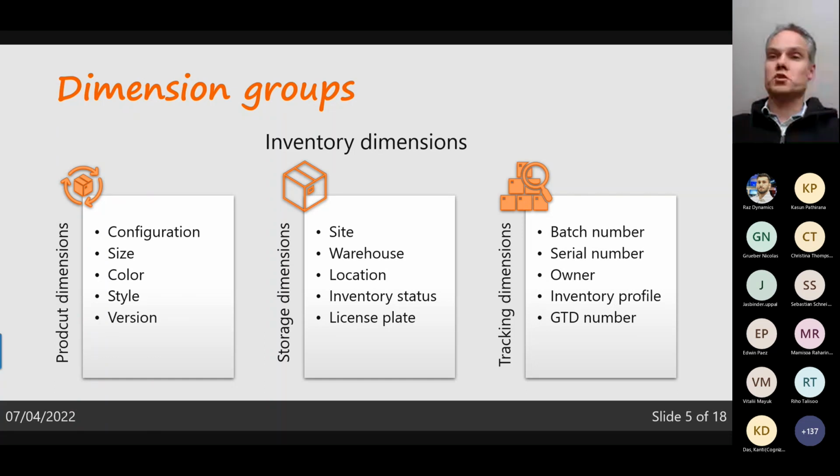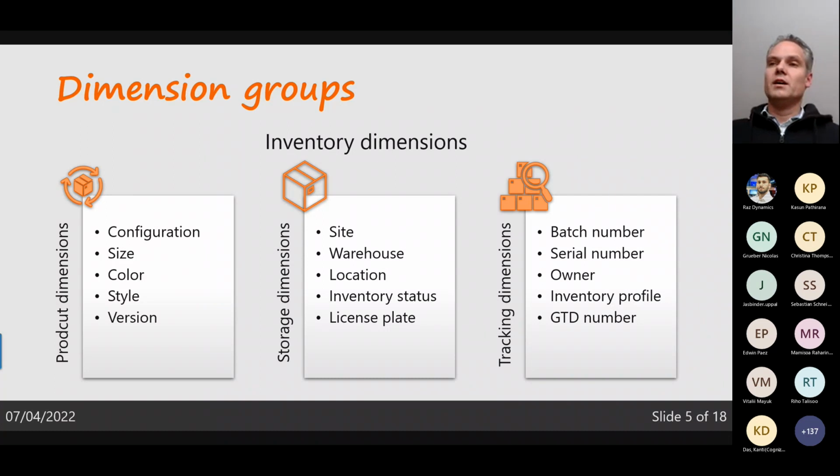Is the inventory blocked for delivery or is it available to pick? And there's an option to set license plates, which was introduced in AX 2012 as a replacement for the pallet ID as part of the new advanced warehouse management system, which was introduced by Microsoft and acquired from Blue Horseshoe.